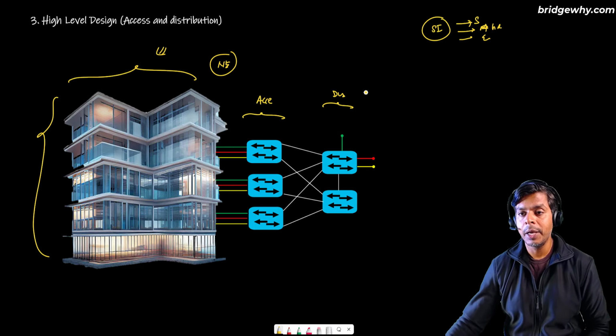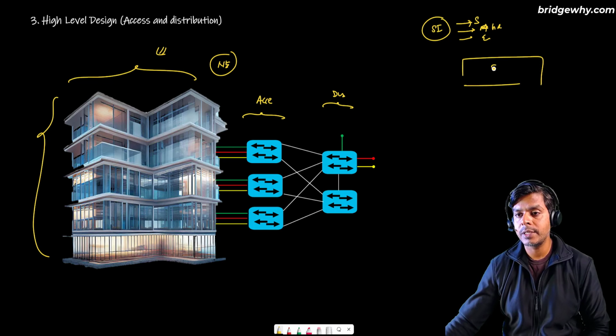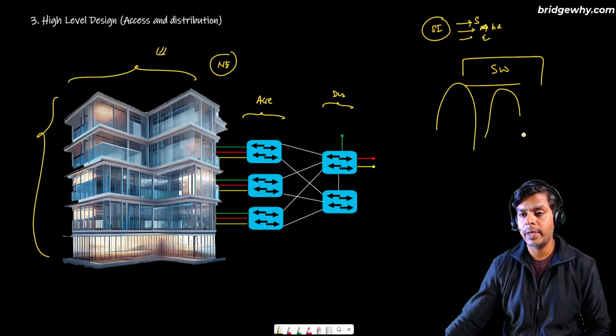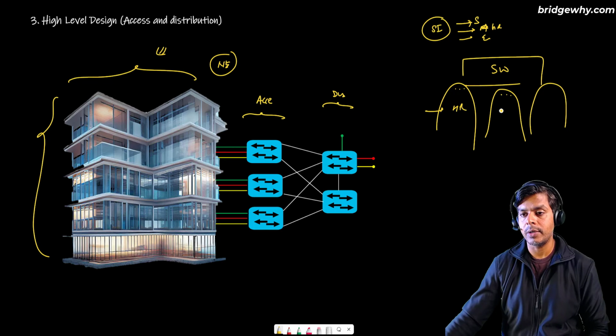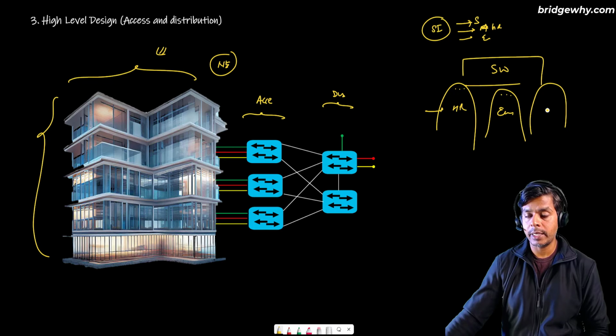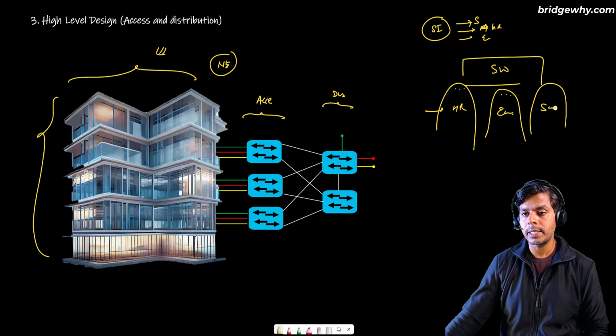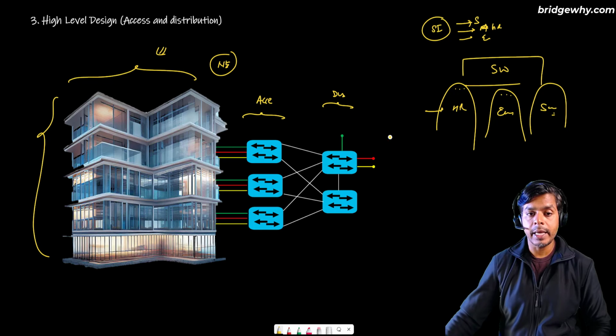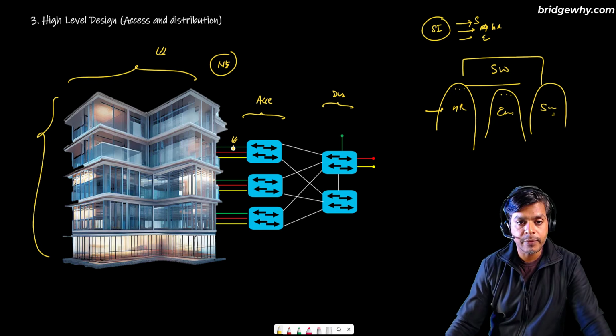Very, very interesting. Because we all know that if we have a switch, we can create multiple VLANs. A VLAN is actually a group of ports. So basically this can be your HR, this can be your engineering, and this can be your sales, right? And that is what I am showcasing with three different colors.